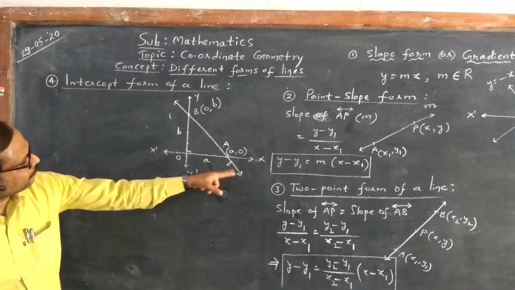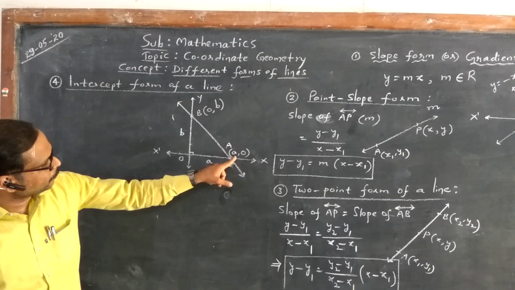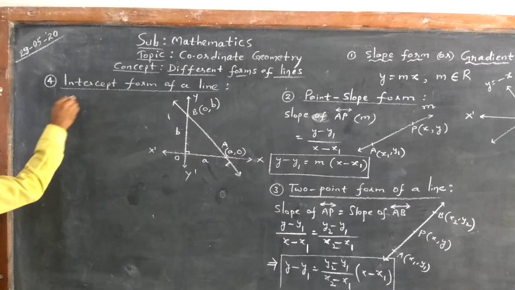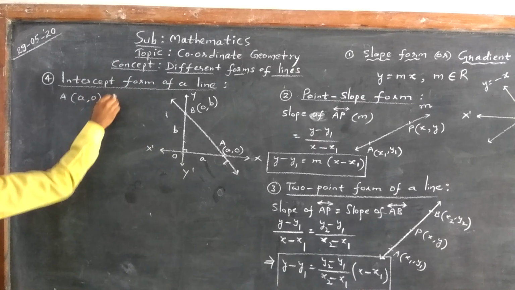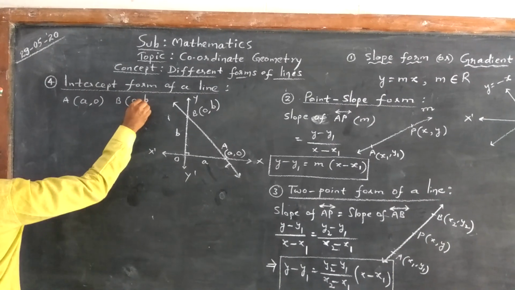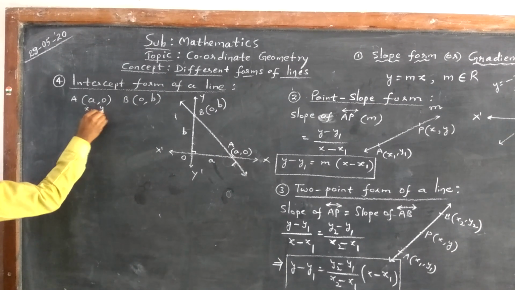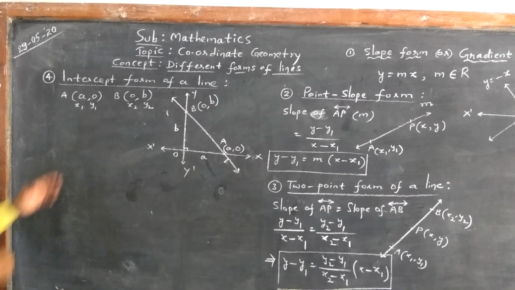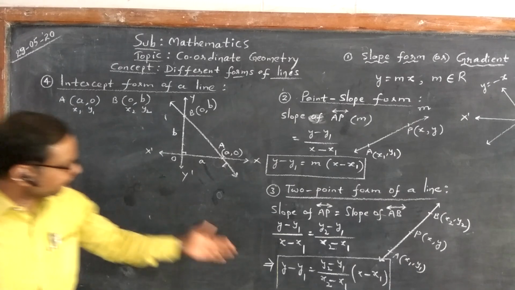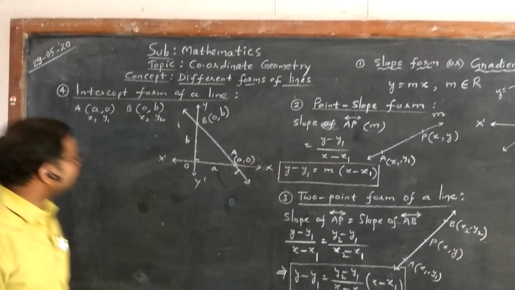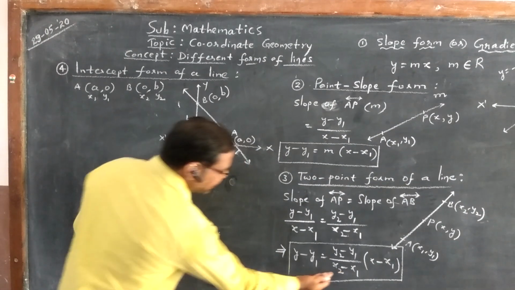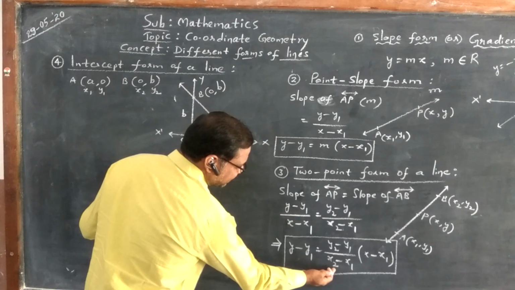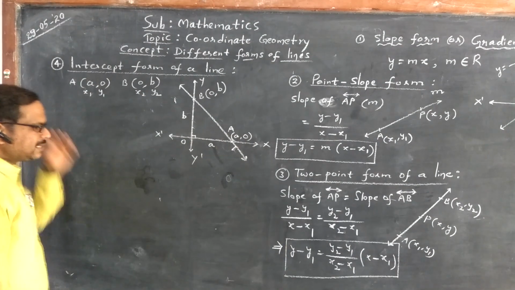So I am going to find the straight line now. Two points are there. What are the two points here? (a, 0) and (0, b). Let me take (x1, y1) and (x2, y2). Already we have seen the 2-point form of the line: y minus y1 equal to (y2 minus y1) by (x2 minus x1) into (x minus x1).